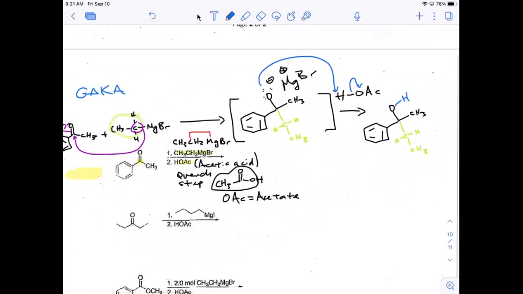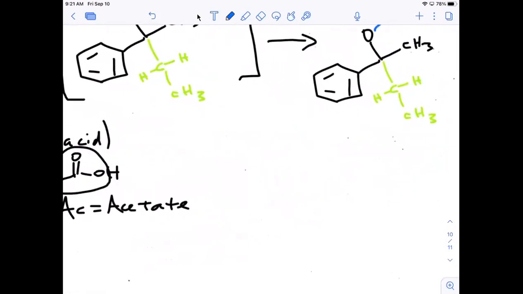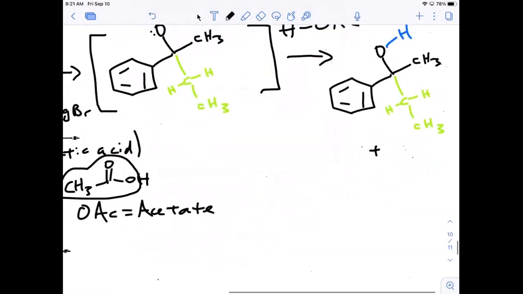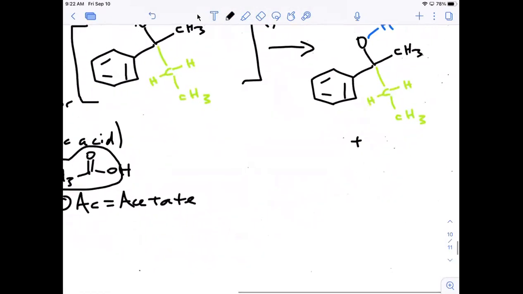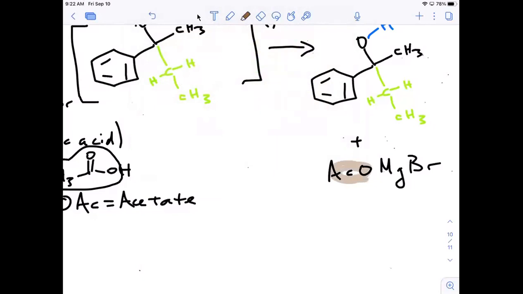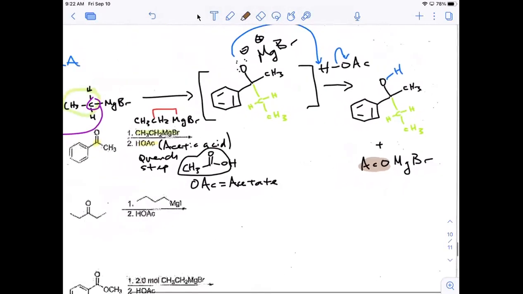And then plus, we have MgBr here, so OAc MgBr, because remember, this is my conjugate base from the acid. So that ends up wherever magnesium ends up. So that's the outcome of that reaction. You have a ketone, you added a Grignard to it, and then you end up with an alcohol.